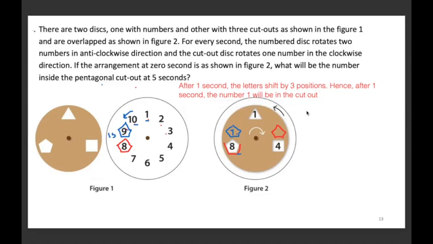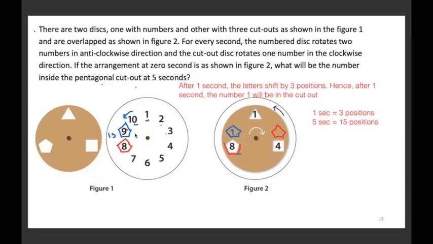So what we know is the letters are shifting by 3 positions after every second. So 1 second is equal to 3 positions. So 5 seconds will be equal to 15 positions.